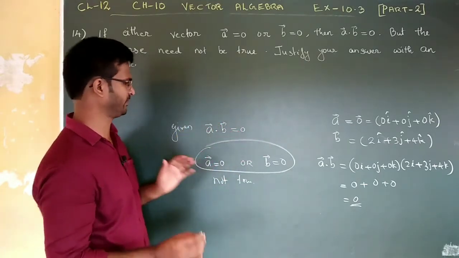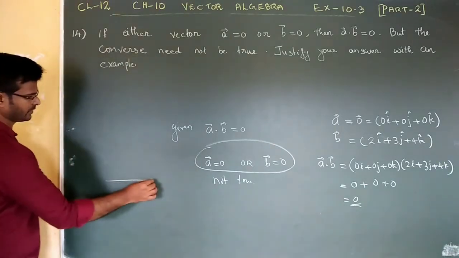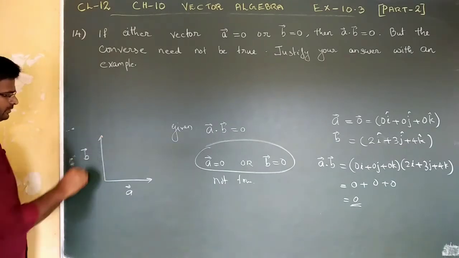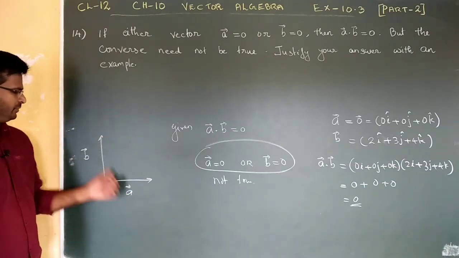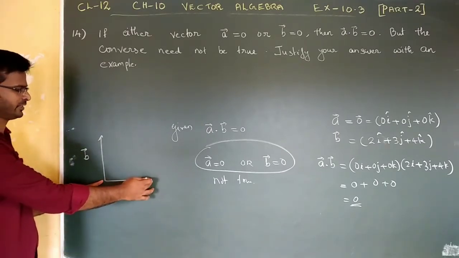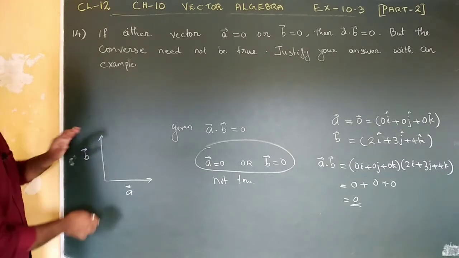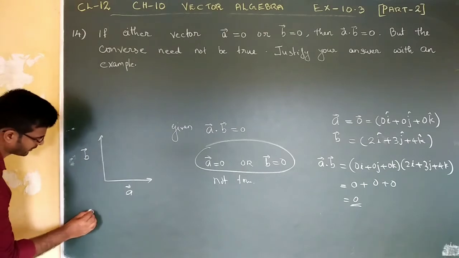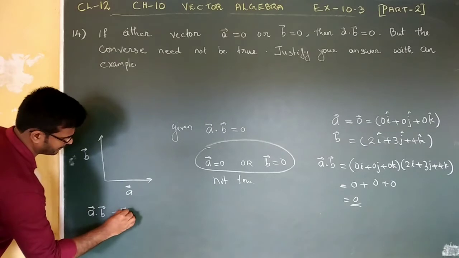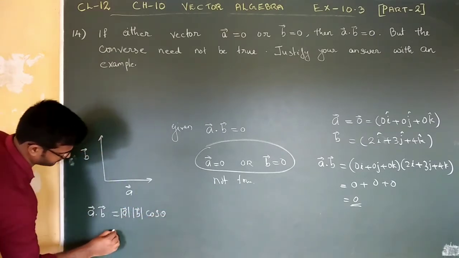We can see the reason. Take two non-zero vectors, first vector A, second vector B. They are non-zero vectors because we can find their magnitudes. If you find A dot B, the formula is magnitude of A, magnitude of B, cos theta.